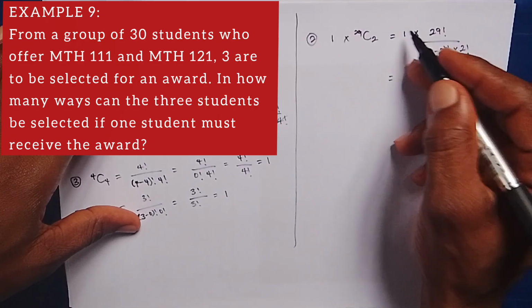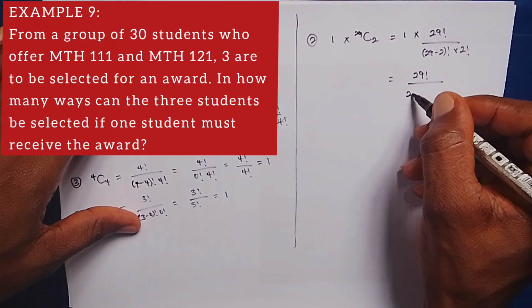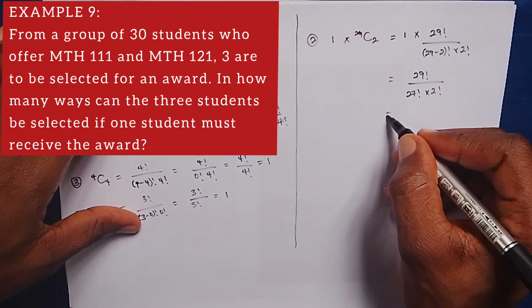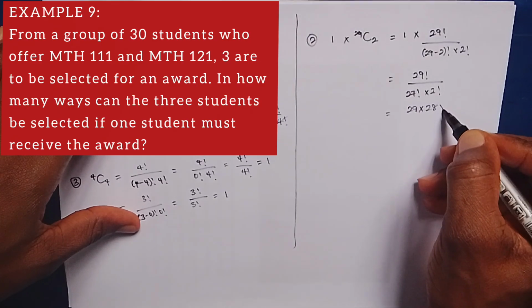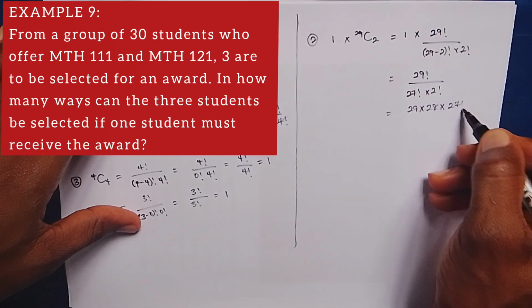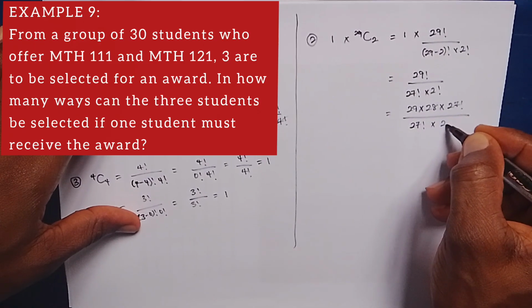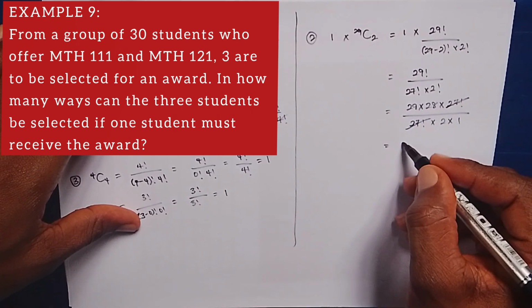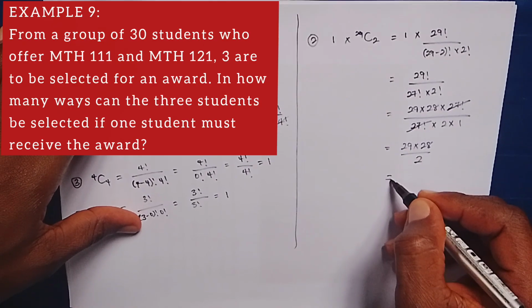This is equal to 29 factorial over 27 factorial times 2 factorial. 29 times 28 times 27 factorial over 27 factorial times 2 times 1. 27 factorial cancels out. So we are left with 29 times 28 over 2.